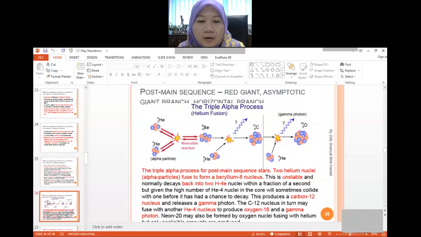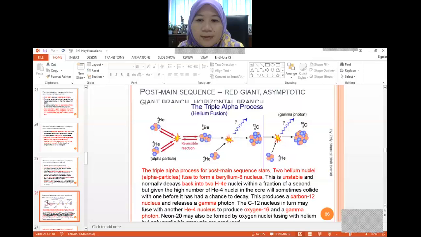Of course, this needs about 100 million Kelvin of temperature inside the core. After that, this carbon 12 will combine with the heliums again, and it will also produce gamma photons, and at the same time it will produce the oxygen.